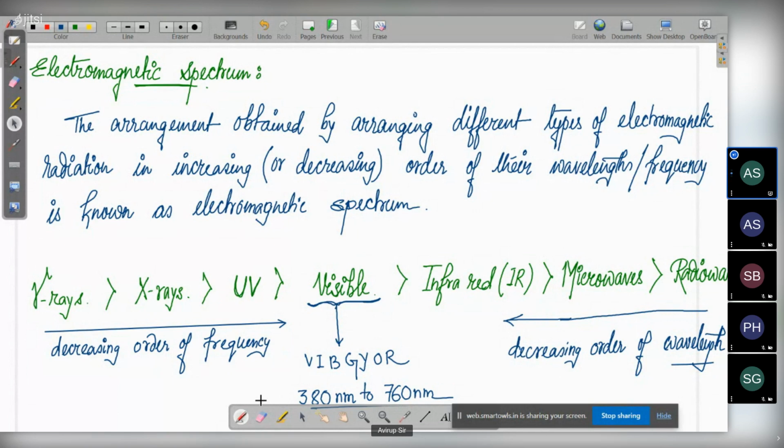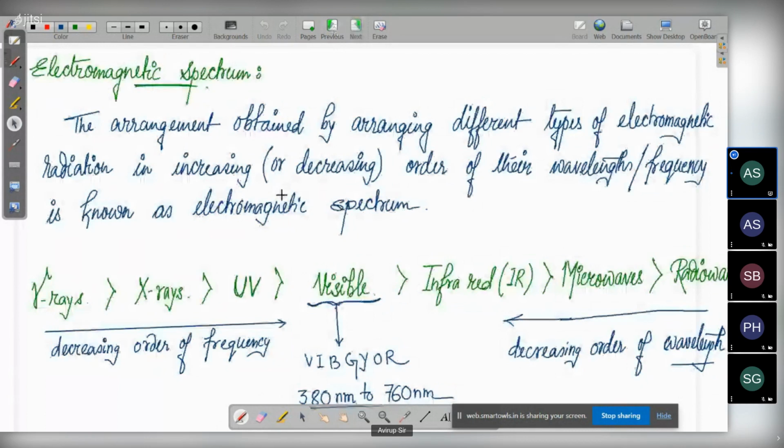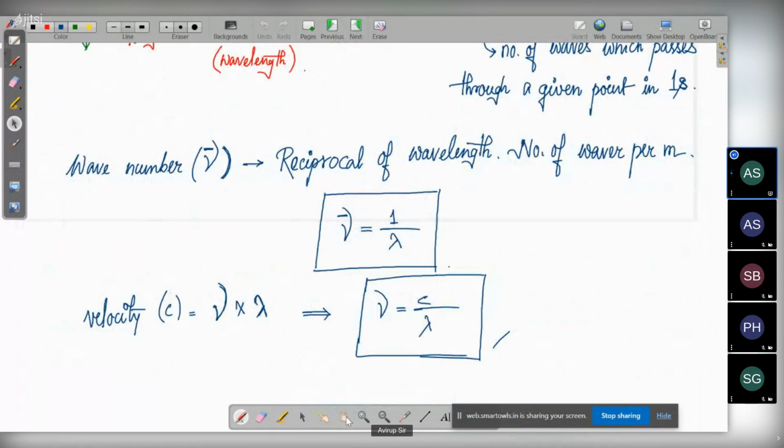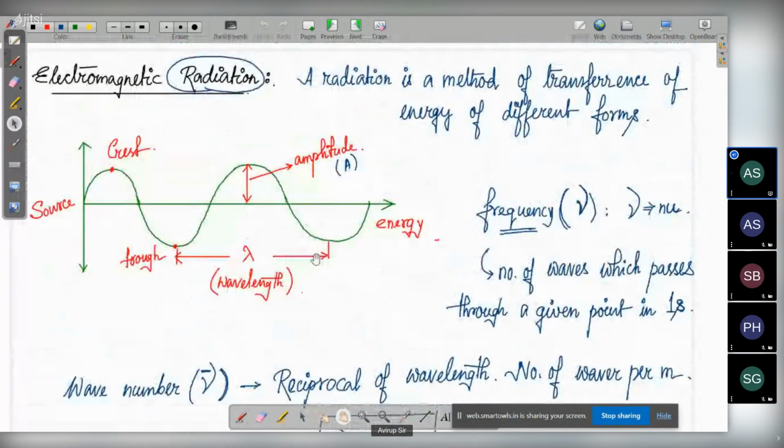Now let us see the next topic, which is the particle nature of radiation. Let's have a look. Till now we have been learning that radiation is basically a wave, right? Radiation is a form of wave. Whenever we talk about radiations, we are referring to the propagation of a wave. Radiation follows wave mechanics.